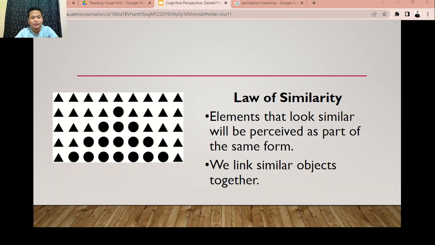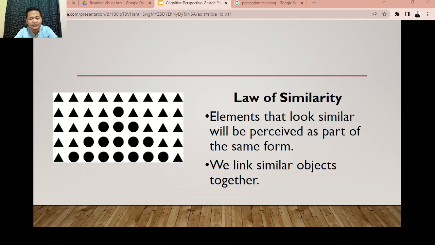So when you see the image here, hindi mo naman siya nakikita na only circles and triangles. Tama? Mga shapes na maraming triangles, maraming circles. But the way you see it, it's different. You see the dots there, it formed also another shape.